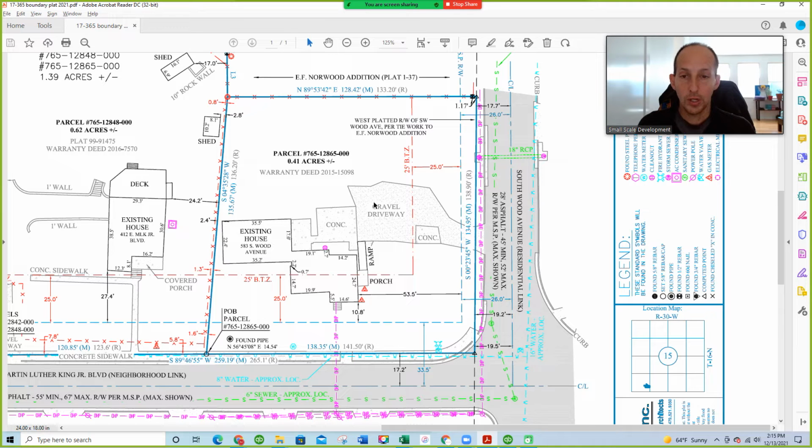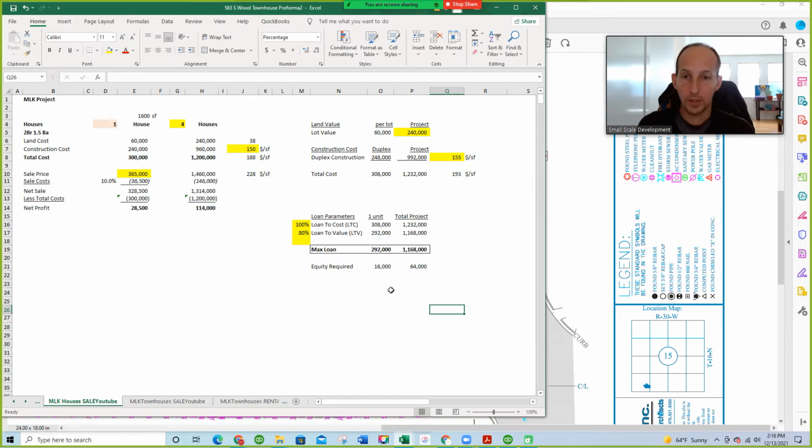The other option is we build 6 townhouses across here, and we are not able to split them individually. Instead, what we would need to do is actually rent them out, or if we're going to sell them individually, we would need to convert it into a condo development. So that doesn't change anything with regard to development. It does change how we deal with the ownership and sale of it. So I'm gonna walk you through these numbers here.